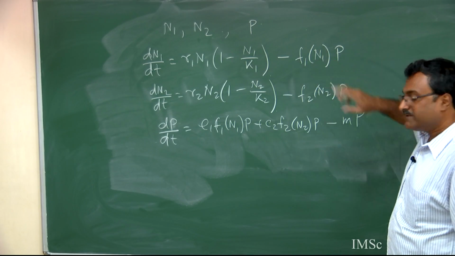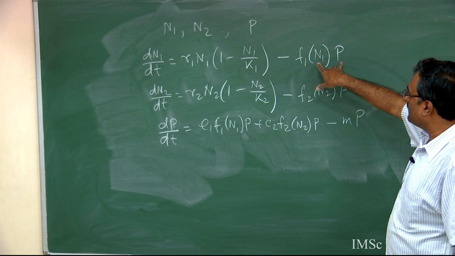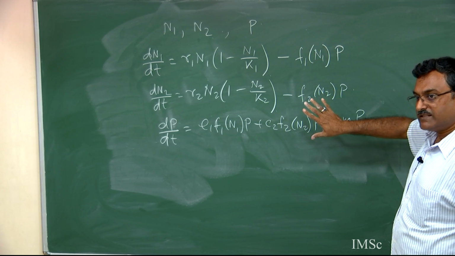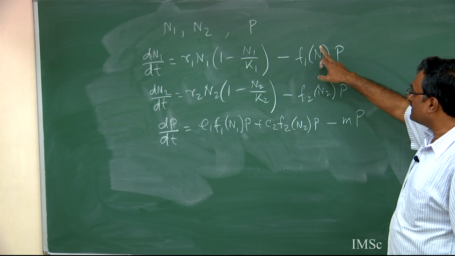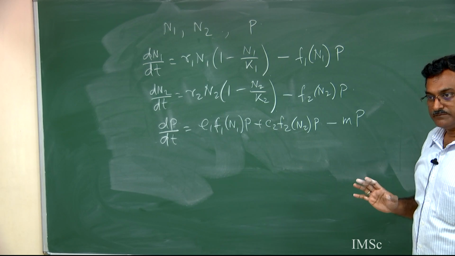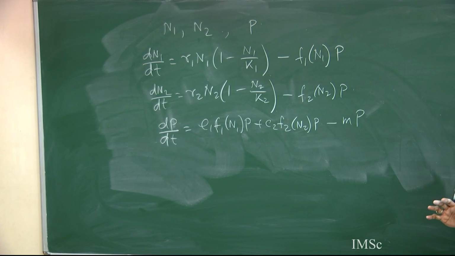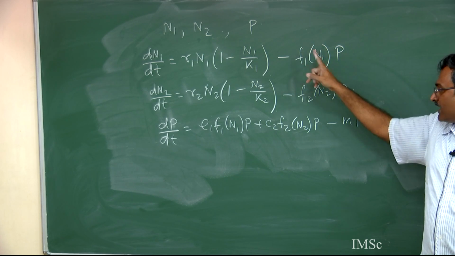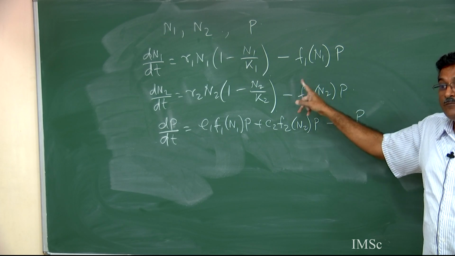Again, you can think about these functional forms. Functional form means depending upon the body size of the individuals and the particular species under consideration, these two functions may be of similar type or of different type. Just for an example, you can consider F1 holding type 1 functional response and F2 holding type 2 functional response.